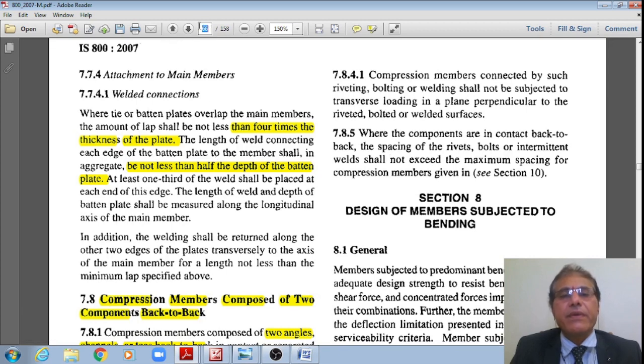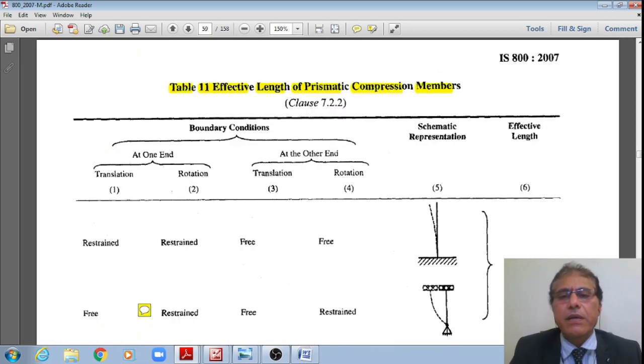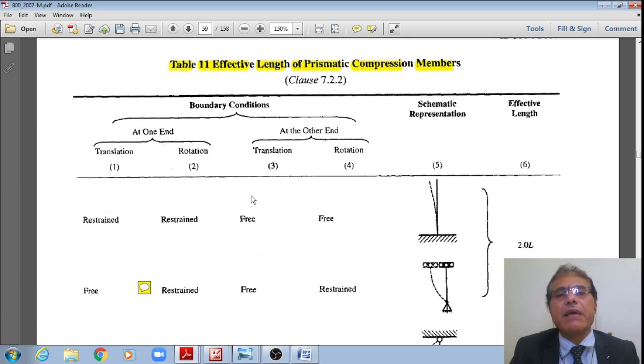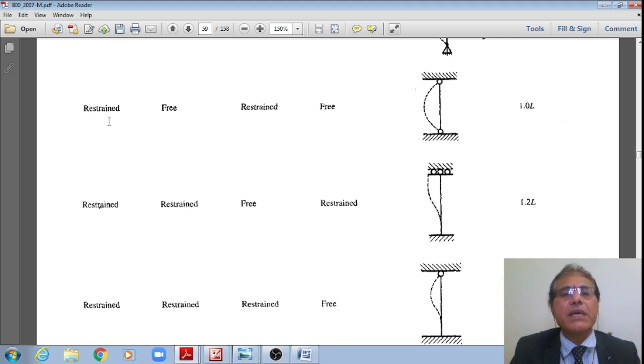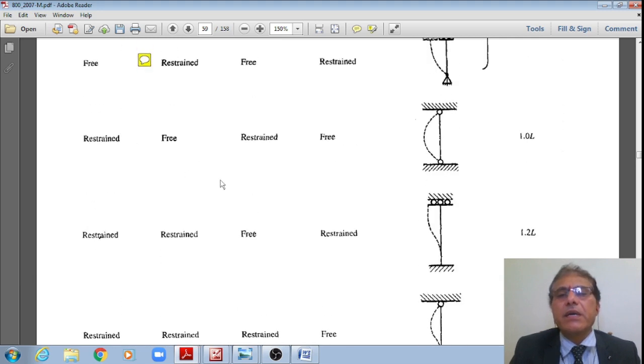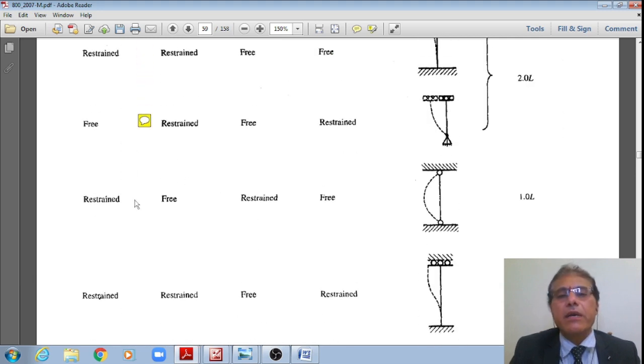I am there in this table 11, wherein if both ends are hinged, you please see that. If both ends are hinged, now I do have the effective length.